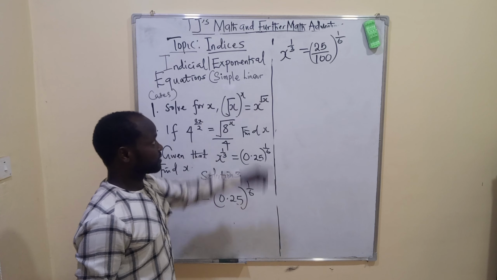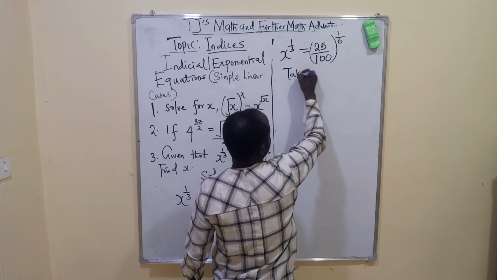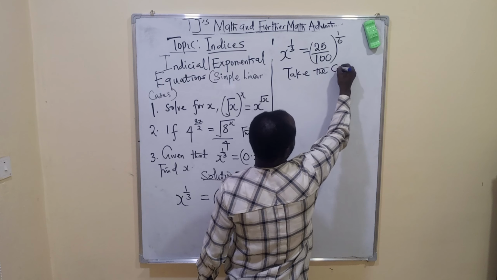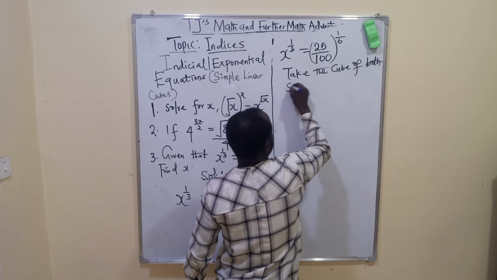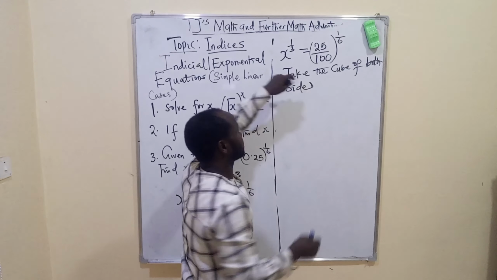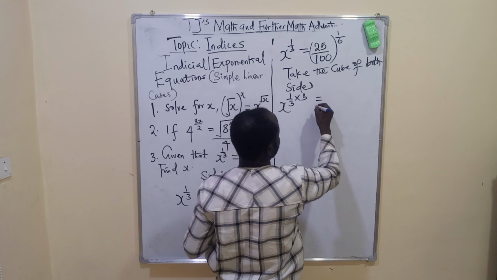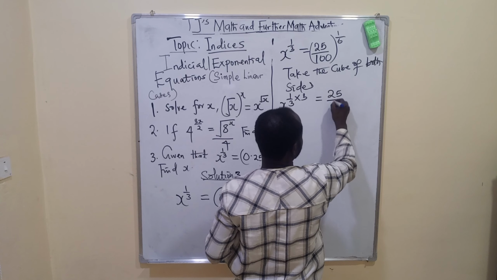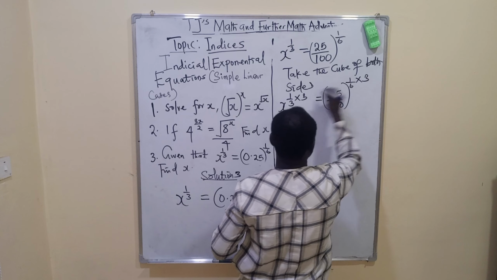I'm trying to solve for x, so I can take the cube of both sides, so that this 1 over 3 will go away here. So I have x power 1 over 3 times 3 will be equal to 25 divided by 100 all in 1 over 6 times 3.